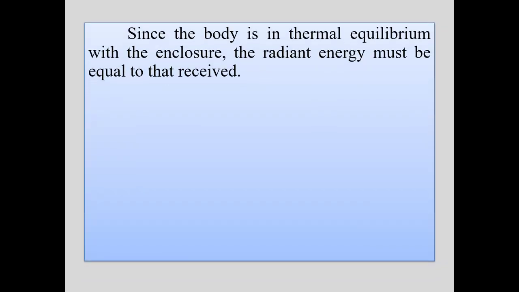The body which is kept inside the enclosure is in thermal equilibrium with the enclosure. So the energy which is received by it must be equal to the amount of energy given out by the body. That means the amount of energy it receives from the enclosure must be equal to the amount of energy given to the enclosure.